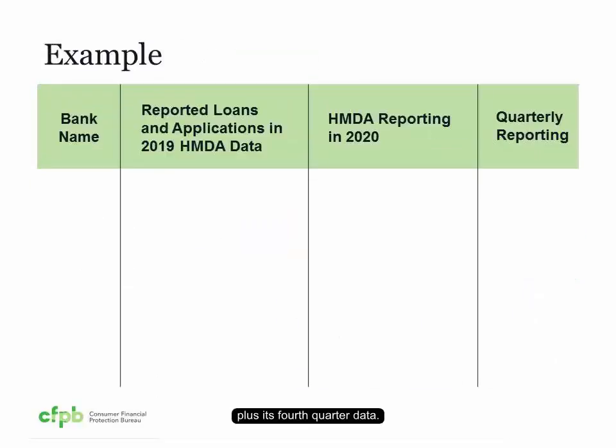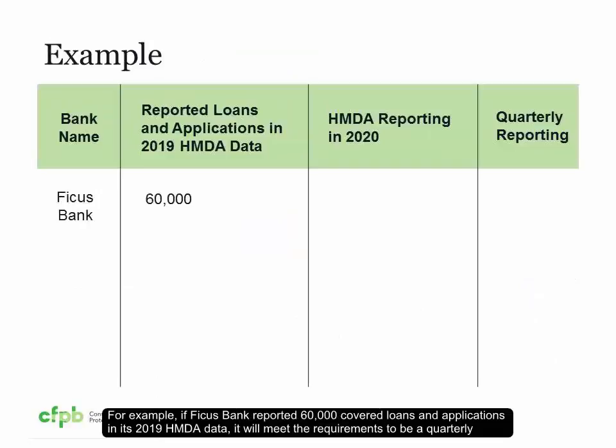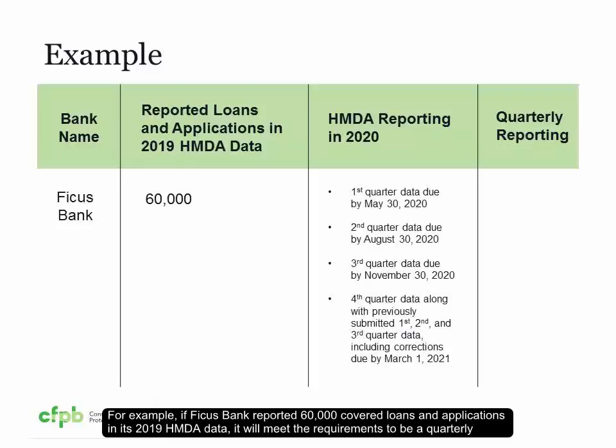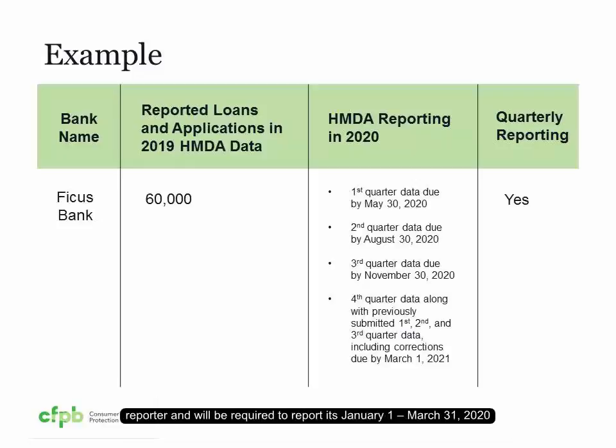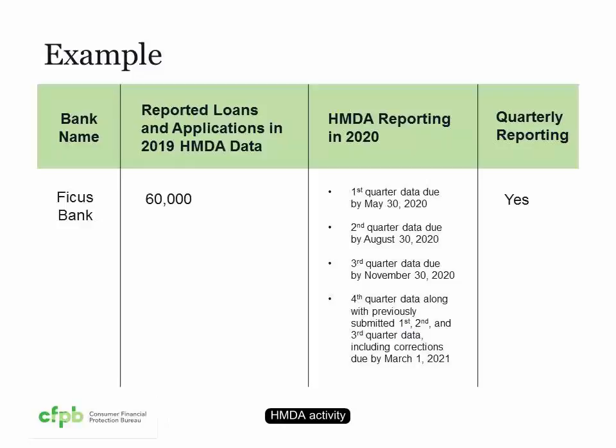For example, if Ficus Bank reported 60,000 covered loans and applications in its 2019 HMDA data, it will meet the requirements to be a quarterly reporter and will be required to report its January 1st through March 31st, 2020 HMDA activity by May 30th, 2020.